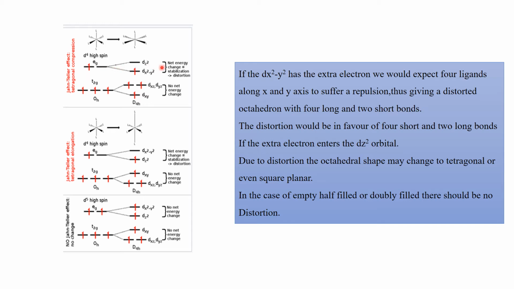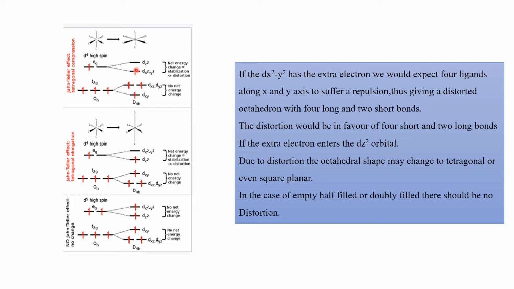There is a net change in energy also. That is, distortion must take place. And the extra electron is in the dx2-y2 orbital.